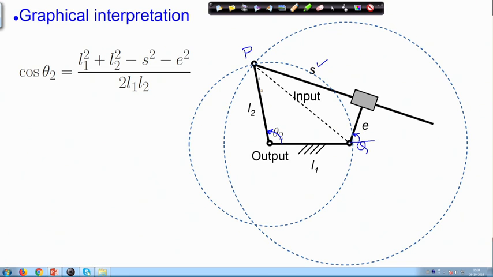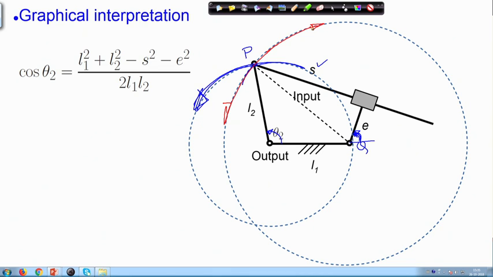Therefore, when I change theta 2, the point P will move on this circle, and when I change this angle, then point P will move on this circle.